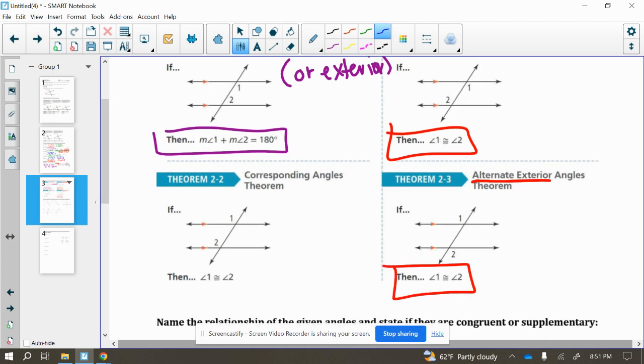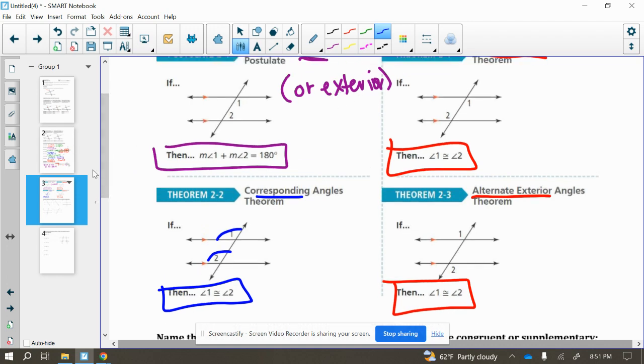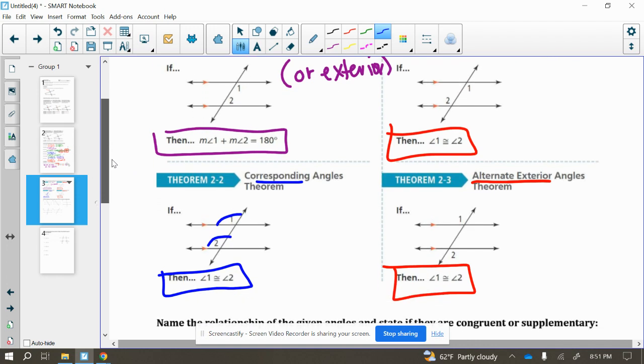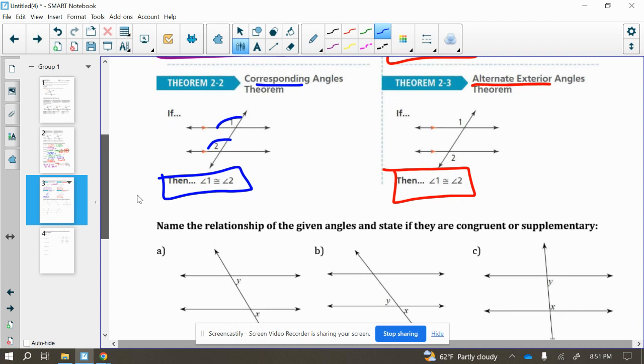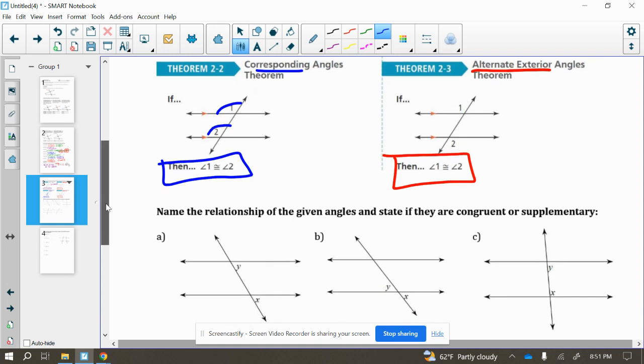So will our corresponding angles. Angle 1 and angle 2, those are corresponding, and they will also be congruent to each other. So same side, either exterior or interior, are supplementary, and the alternate interior, exterior, or corresponding are congruent.